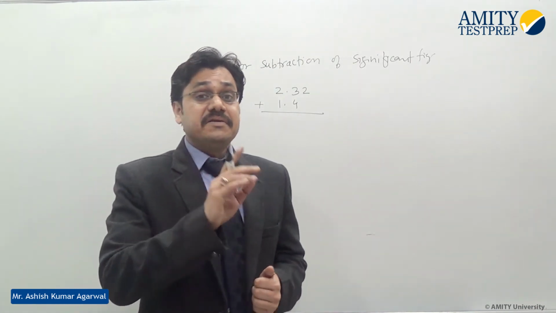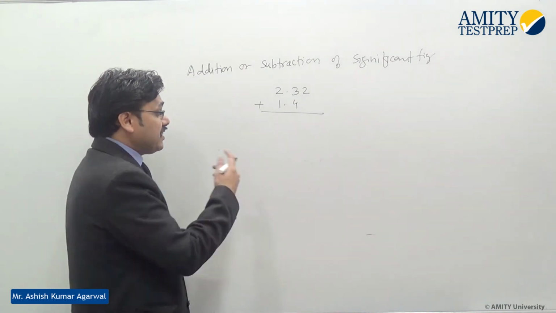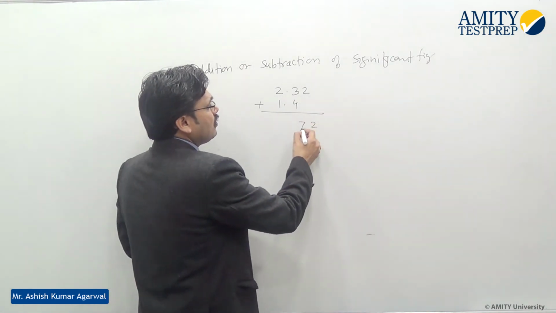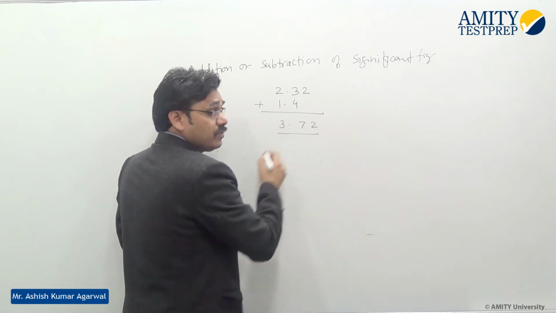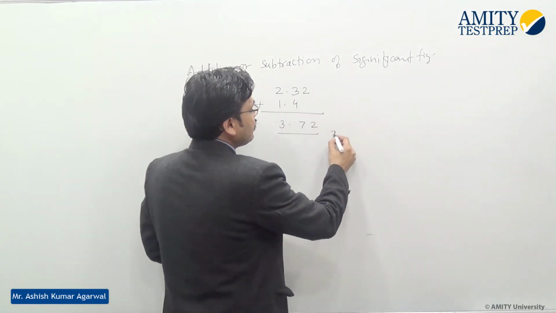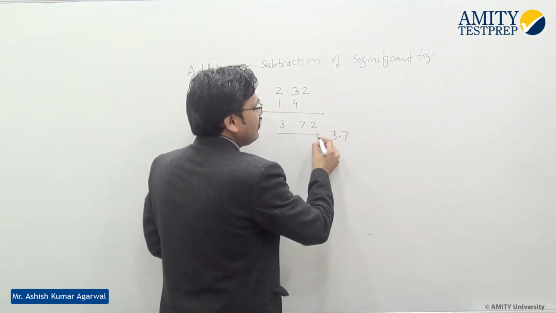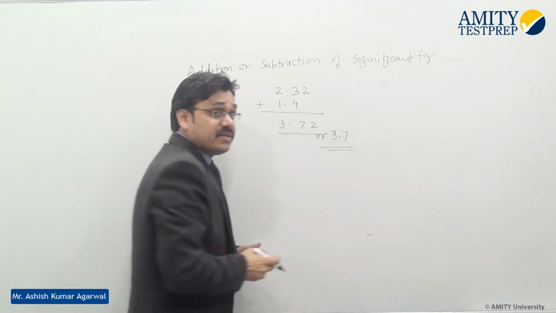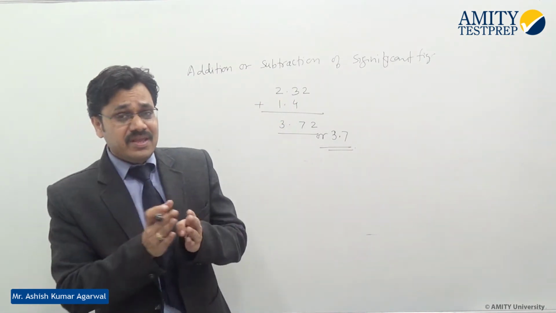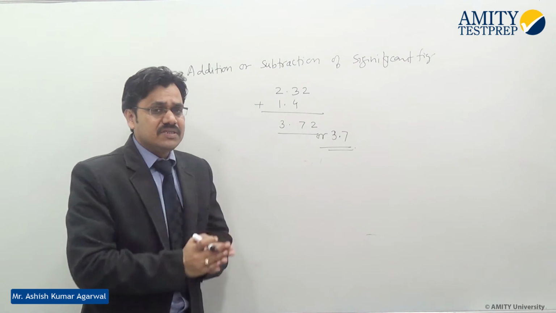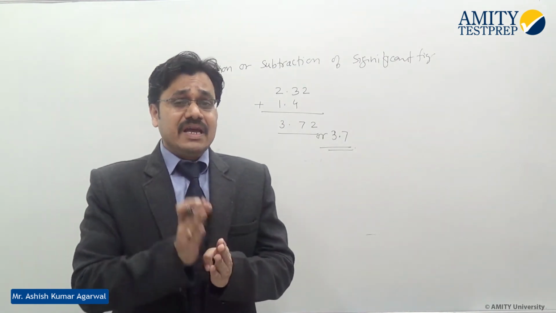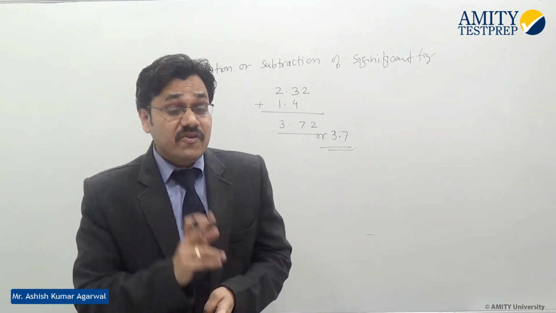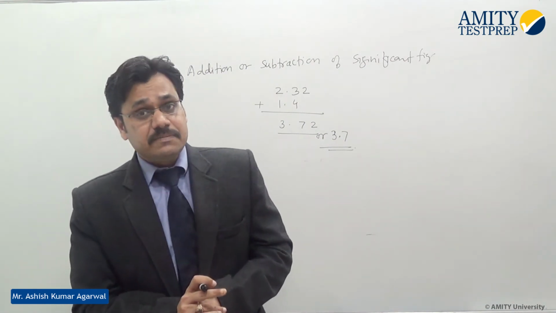If I add these two, I get 3.72, but the answer will be 3.7 when I round it off. So in the final result the answer should have one significant figure after the decimal.